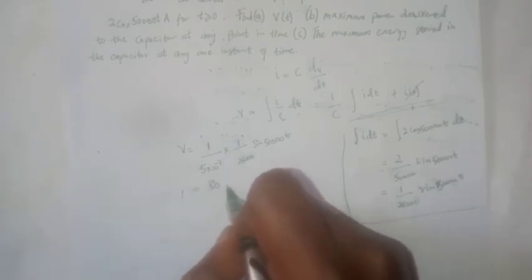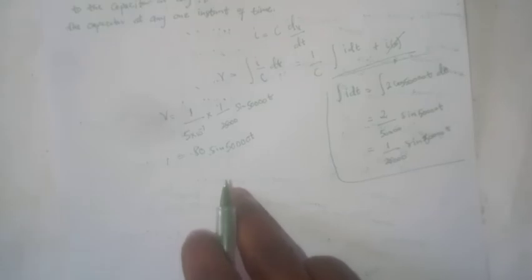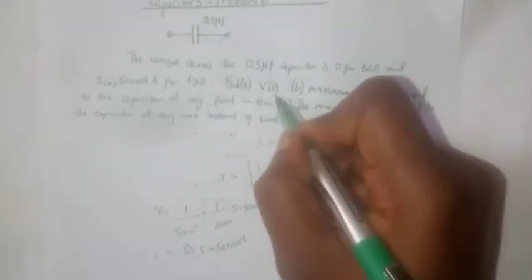With the help of a calculator, we can arrive at 80 sine 50,000t. That is quite simple, quite simpler than the previous example. So we are done with this. We know the value of the voltage, that is v(t) is equal to 80 sine 50,000t.